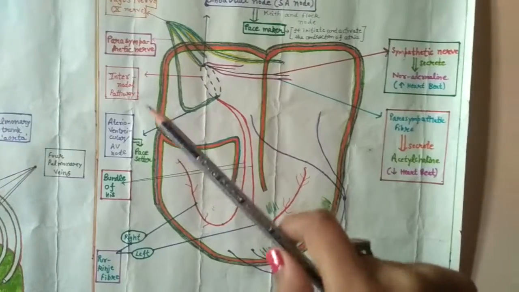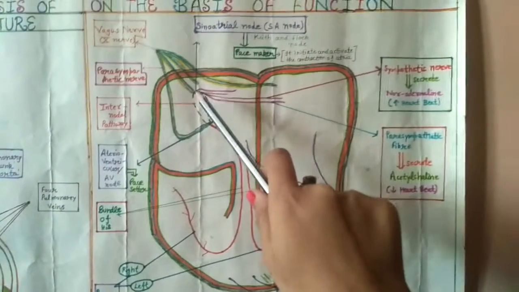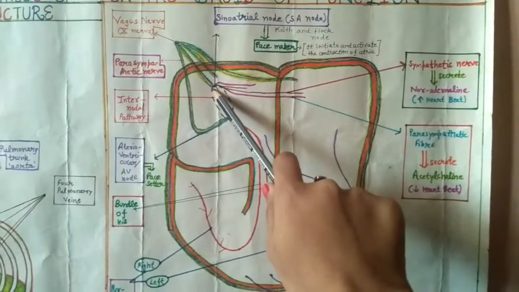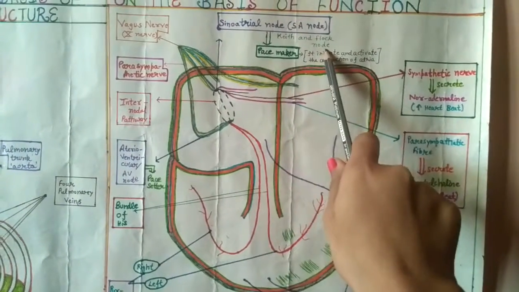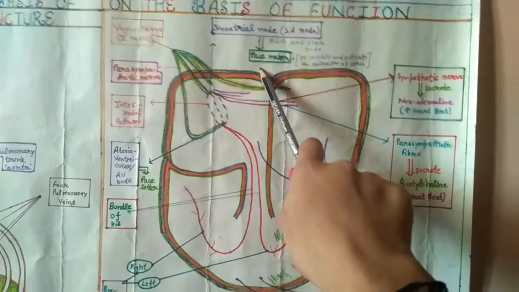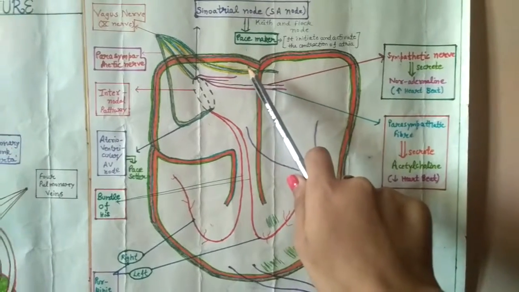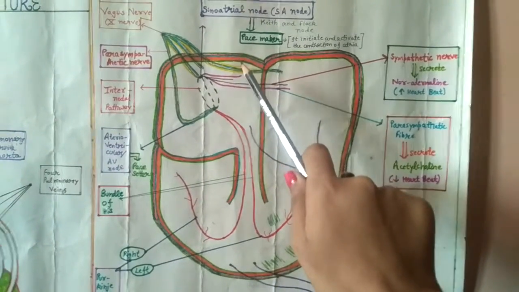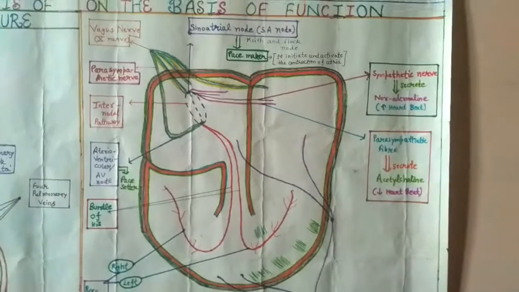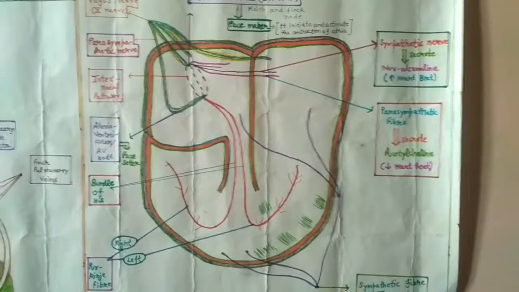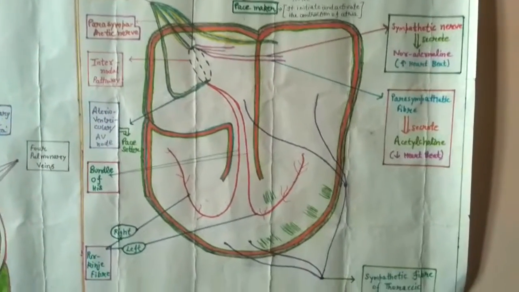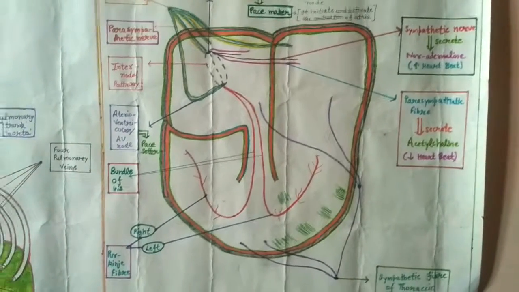So friends, let's start with the nodes. This is the sinoatrial node, which is also known as the Keith-Flack node, and which is also a pacemaker. Friends, you mostly hear one term, which is myogenic. What is the meaning of myogenic? As the name suggests, myogenic means muscle generated.